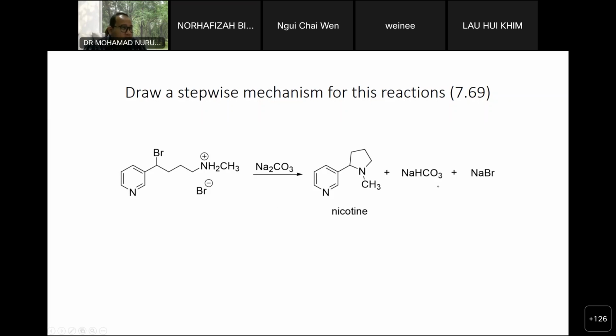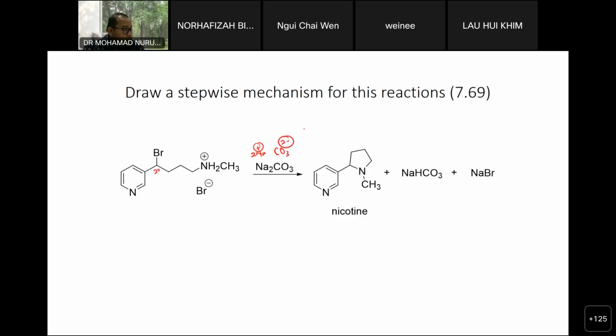This is the secondary alkyl halide. This is the nucleophile, which is a strong nucleophile, so it should be 2Na+ and CO3 2-.